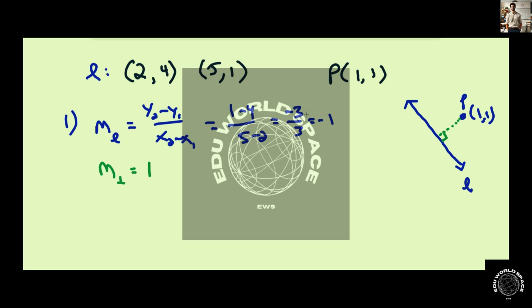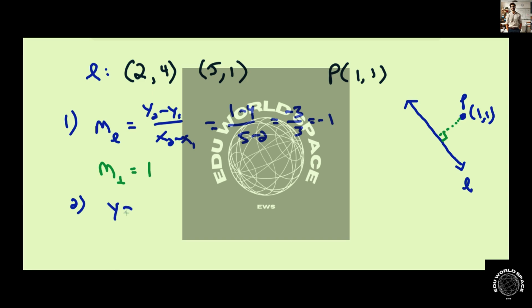You may have learned of opposite reciprocals, or the product of the slopes has to be negative 1, which would make the perpendicular a slope of 1. We want to write an equation. Actually, no, we don't. We want to find the distance. So we need to think of what this line would actually be.